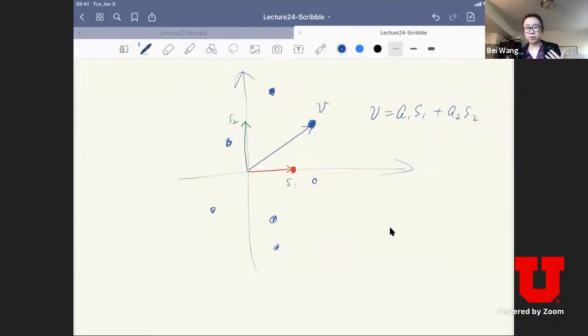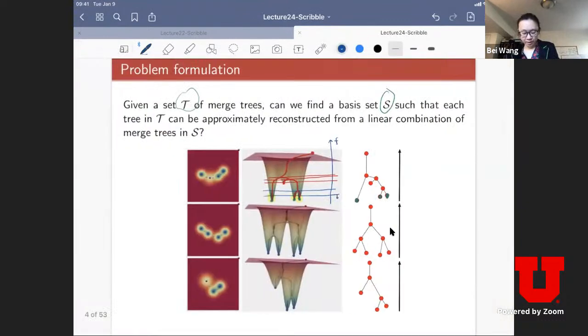Now, imagine what we're doing is replacing each of those points by a tree, specifically by a merge tree, okay? So now the interesting question is, if you give me a collection of merge trees, let's say this collection has 3 of them, can I find a smaller basis set, which is also trees, such that every single tree in my input collection is now a linear combination of them?